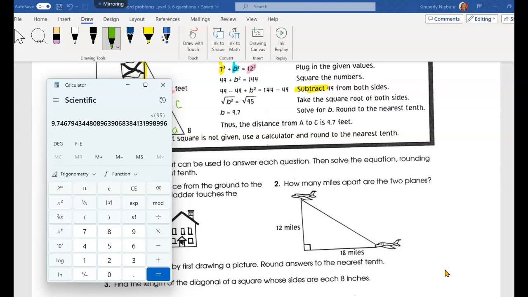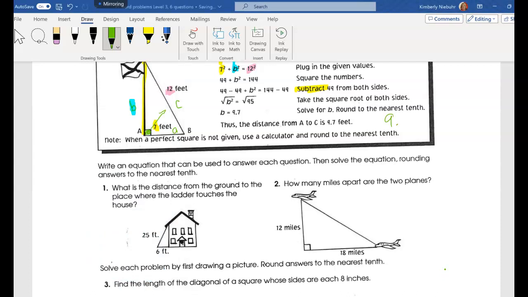We want to round to the nearest tenth. So this is 4 or less, so that 7 stays the same. We don't have to round up the 7. When a perfect square is not given, use a calculator and round to the nearest tenth. Okay?